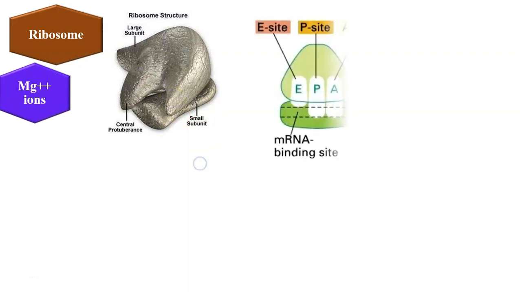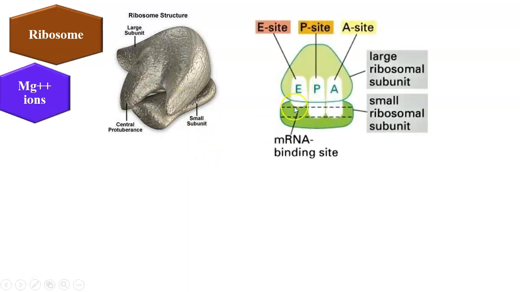A ribosome has one binding site for messenger RNA and 3 binding sites for tRNA or transfer RNA. These 3 binding sites are the P site, which is also called the peptidyl tRNA site. Then there is the A site, also called the amino acyl tRNA site, and there is the E site or exit site.